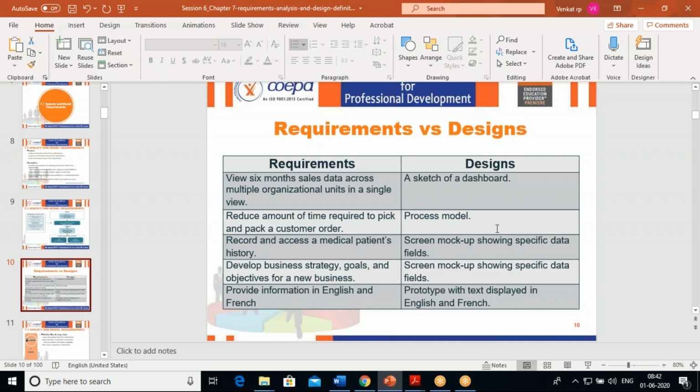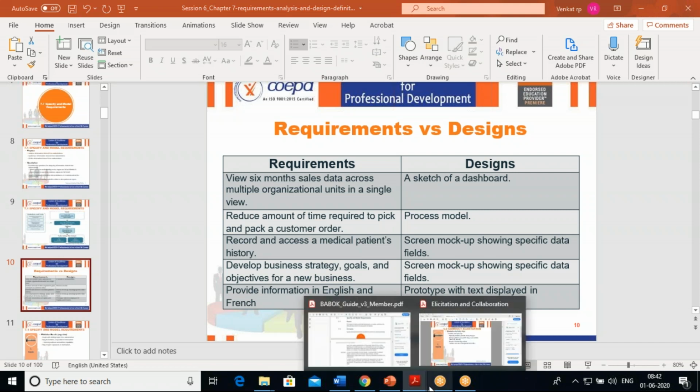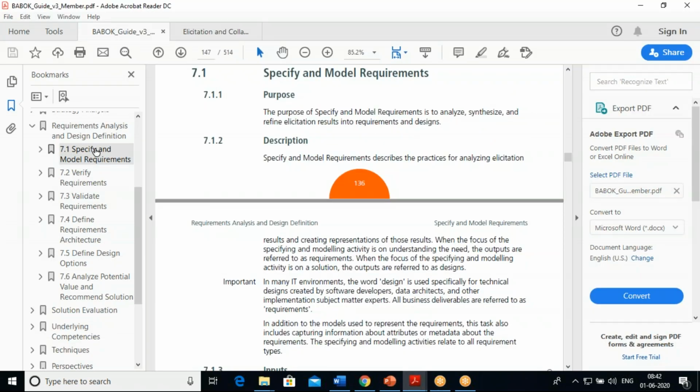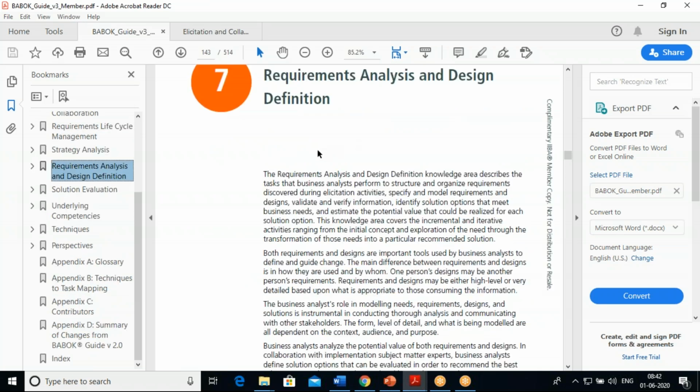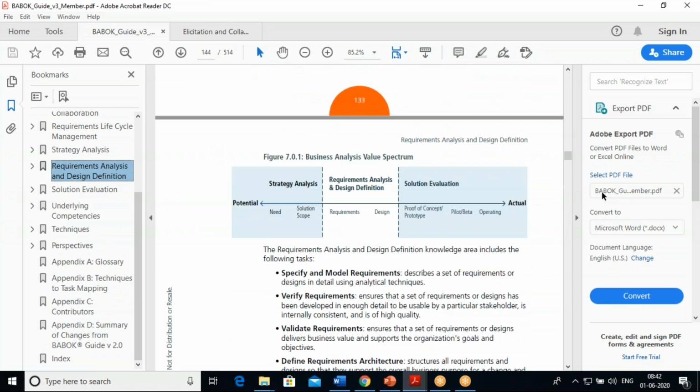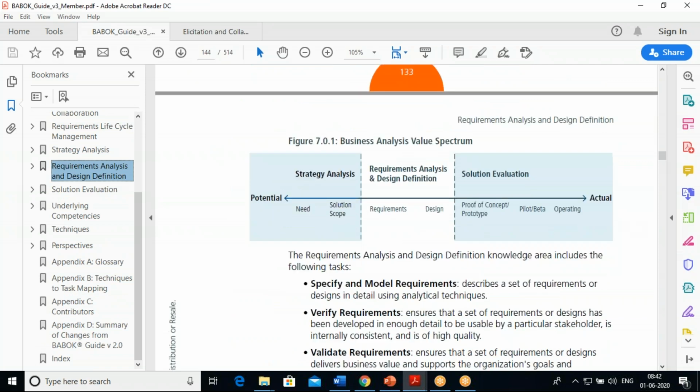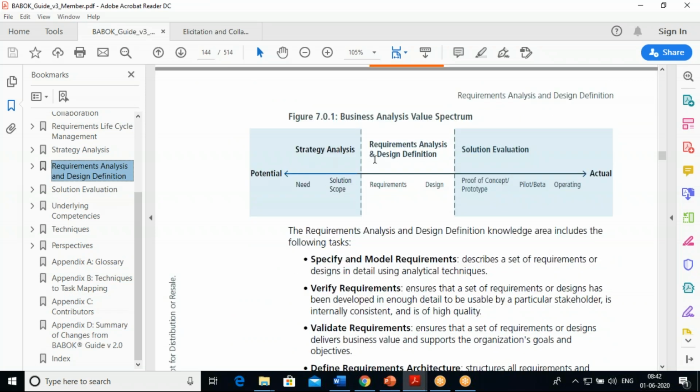To understand this, let me show you the business analysis value spectrum. I think this is very important. We will be doing strategy analysis, where from the need we get the solution scope.